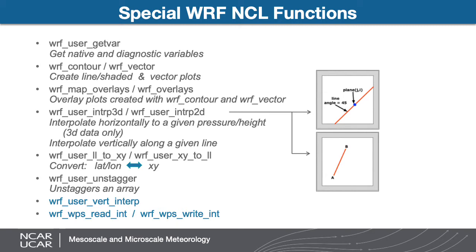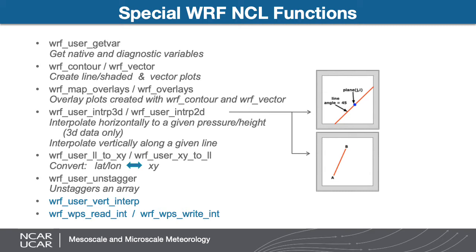We also have WRF user interp 3D, which you can use to interpolate horizontally to a given pressure or height, like 500 millibars, which is only useful with 3D data only, and WRF user interp 2D, where you can interpolate vertically along a given line.